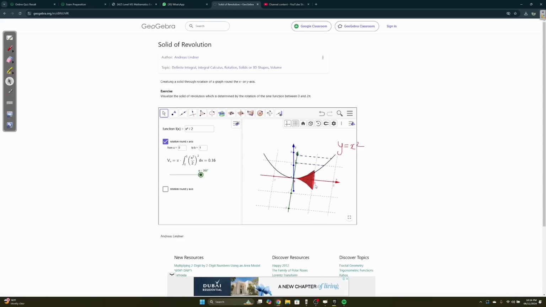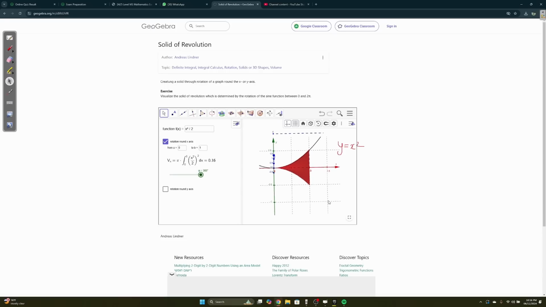Basically, how they found the volume of this is they integrated it. It's kind of like a shape whose radius gets larger as you move along the x-axis. This works for any two values.